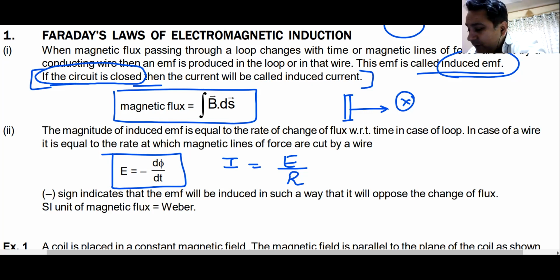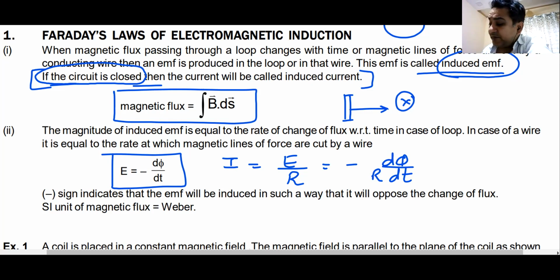You will only have induced EMF. So this becomes minus d phi by dt divided by R. Now induced EMF, as you can see, is inversely proportional to time. Induced current, as you can see, is inversely proportional to time.